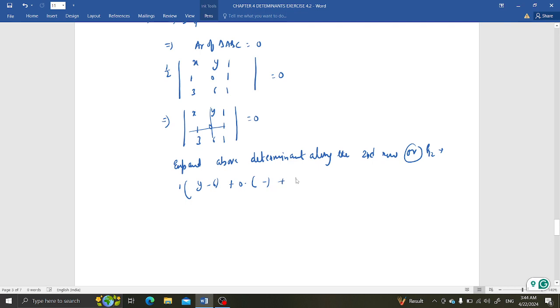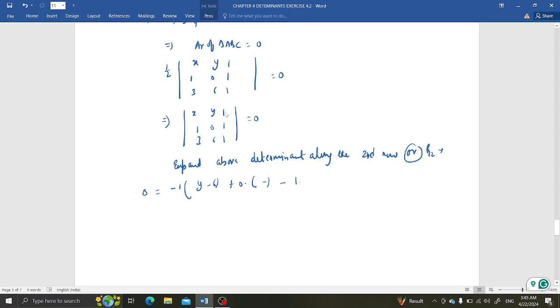Also observe that the position of this one is the 2 1 position, so a negative sign will come here. This position is 2 2, that's why positive came here. And this is the 2 3 position, so negative will come again.